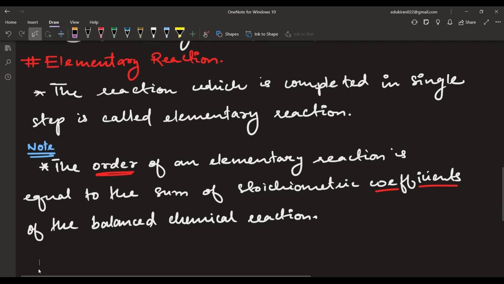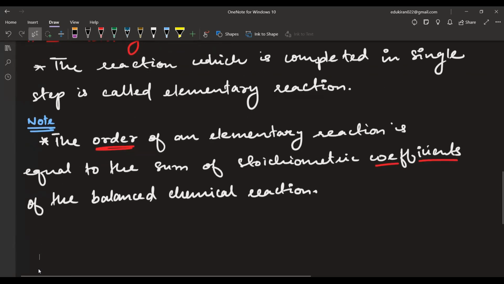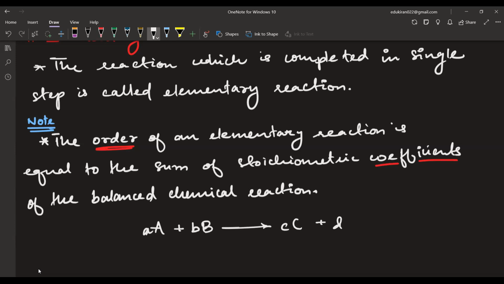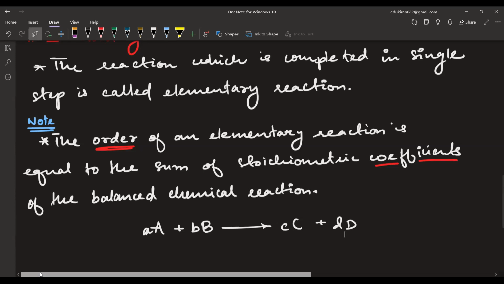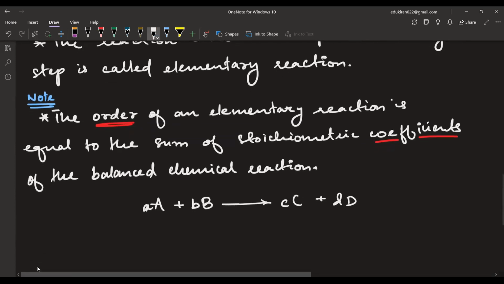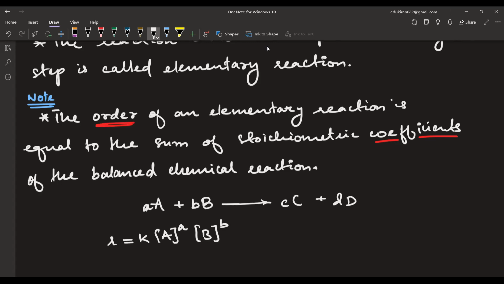So for example, let us say a general reaction in which aA plus bB is giving you cC and dD. Now in this case, I can directly write the rate of reaction. I will write R is equal to K into concentration of A to the power a multiplied by concentration of B to the power b.